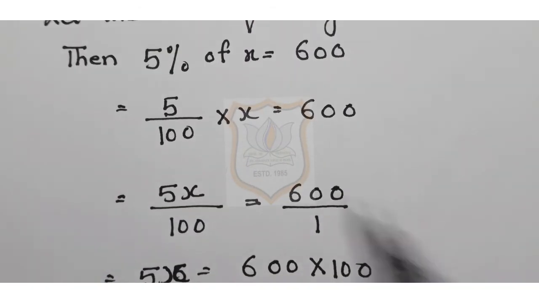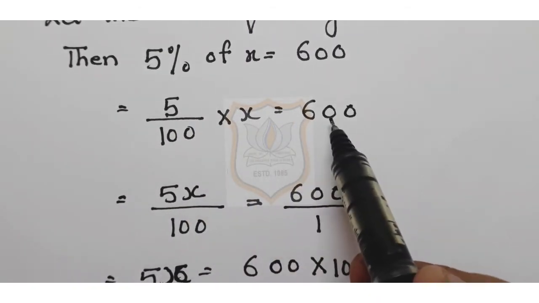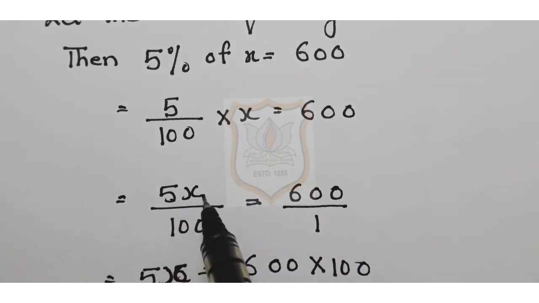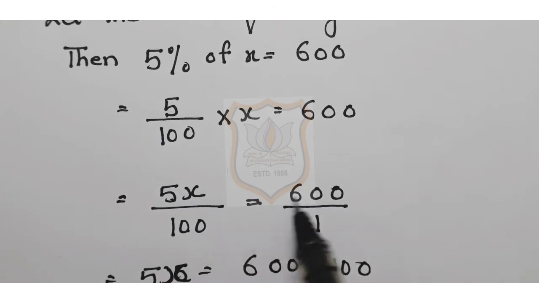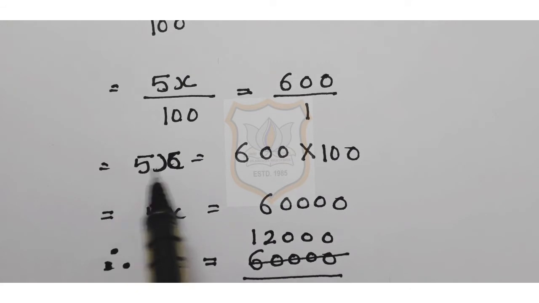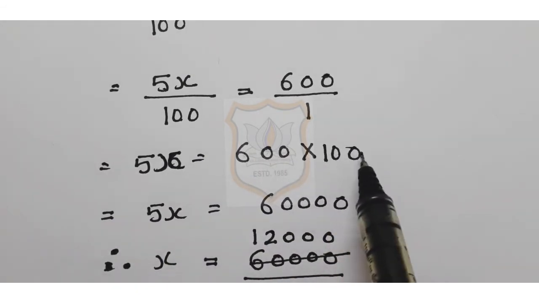So 5 upon 100 into x is equal to 600. 5 into x is 5x upon 100, equal to 600 upon 1. I can put the denominator 1 over here, it makes no change. So 5x is equal to 600 into 100.